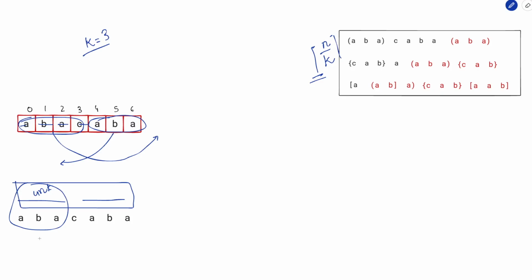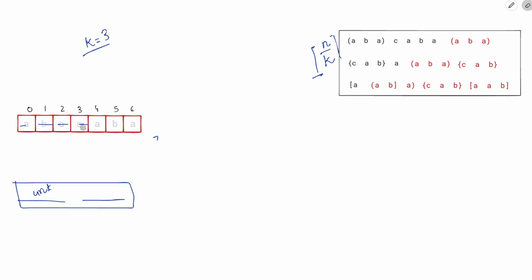So if we have to get less than ceiling of n by k operations, we have to figure out what is the suffix that is equal to the prefix, so that we are fine if we don't touch them, right? So let's take an example and do this.